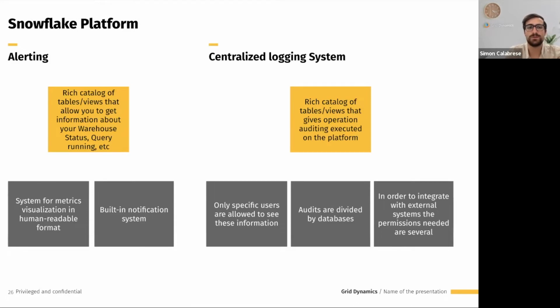But what if we want to have an alert on email for some events, or if we want to have an alert if a query is taking a long time and send it, for example, on Slack or on Teams? In this case, you need to use an external tool that queries this catalog of tables and views and then performs the alert.